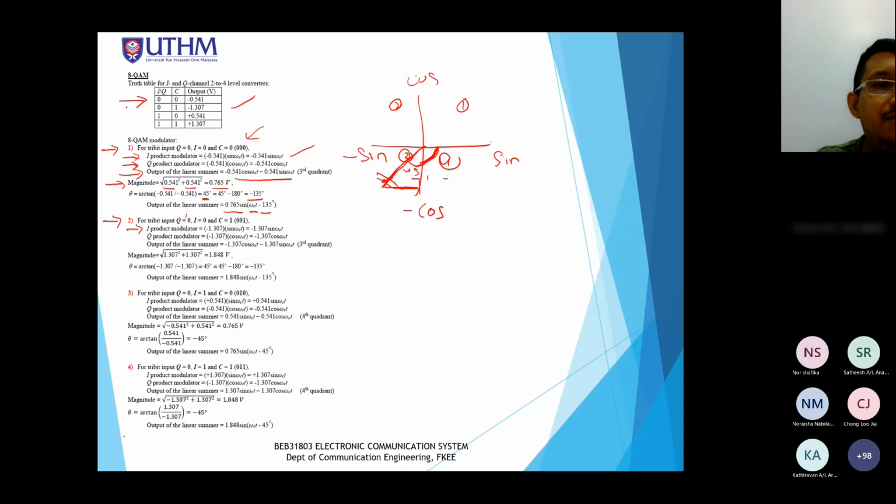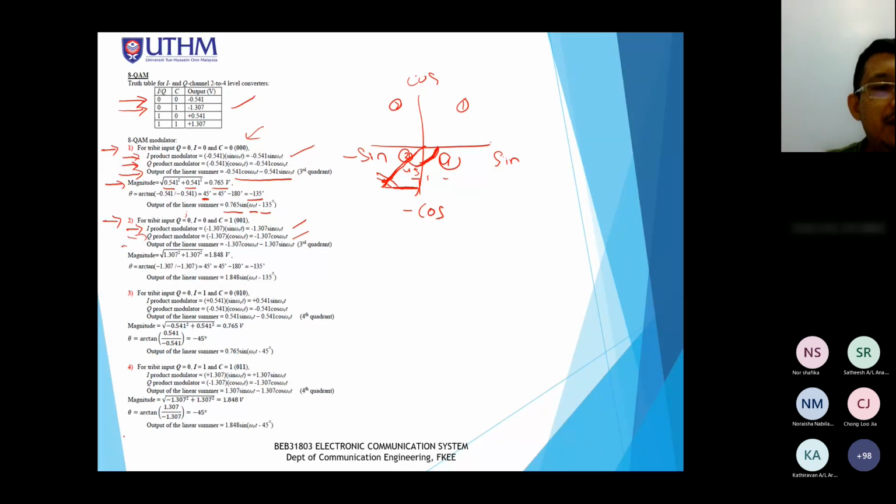So 0, 1, if you see from the truth table, you're going to produce negative 1.307. The I channel produces negative 1.307. The Q channel also produces negative 1.307, but with cosine.